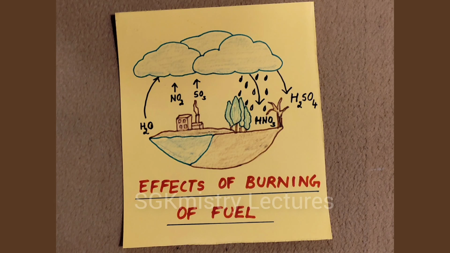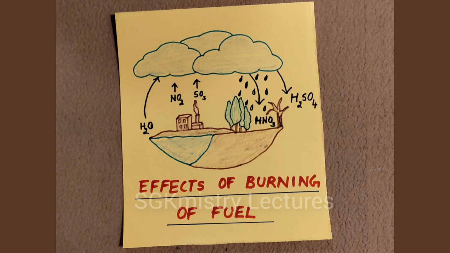The oxides of nitrogen combine with water to give nitric acid, and the oxides of sulfur combine with water to give sulfuric acid. And these acid substances come back down to the earth as acid rain.